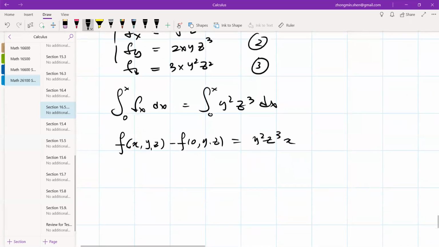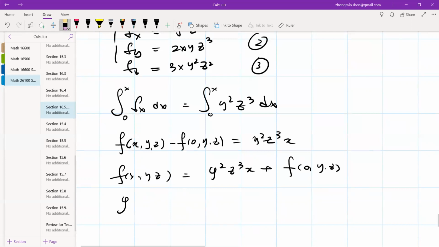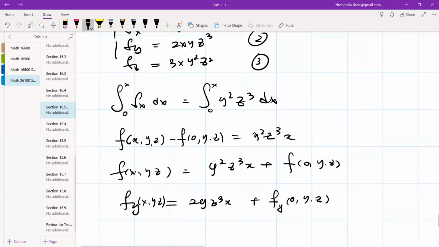Then you plug into the second equation, so you will get f sub y when you differentiate with respect to the y variable, and that's going to be 2yz cubed x, plus the derivative of the constant in y and z.